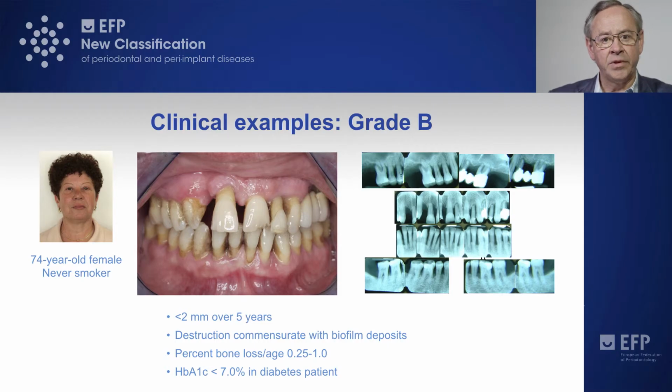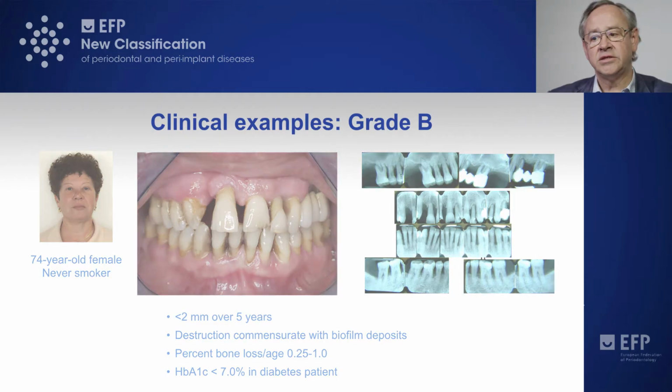The phenotype is such that the deposits, the biofilm and calculus deposits, are commensurate to the destruction and the age of the patient, and therefore this percentage bone loss to age is between 0.25 and 1. And although the patient is diabetic, the HbA1c levels have always been below 7%, and therefore the grade B of this patient has not been upgraded to grade C.